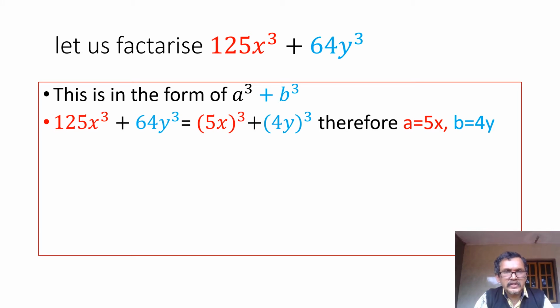125x cube can be written as 5x whole cube, and 64y cube can be written as 4y whole cube. So a equals 5x, b equals 4y.